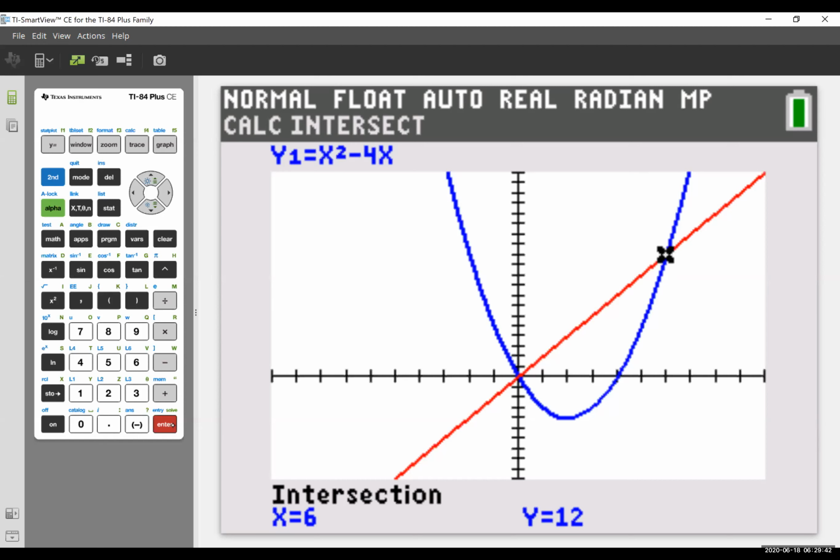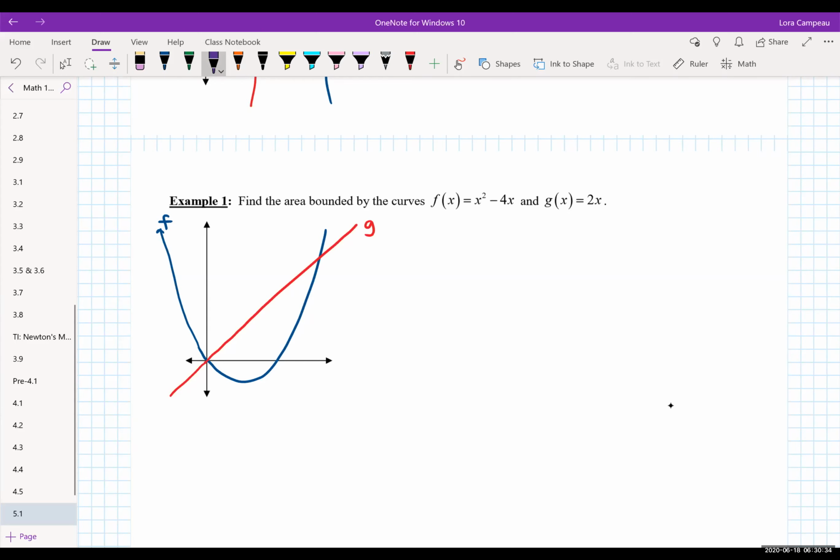So what we might be interested in, like I said earlier, are our points of intersection. Let's look at that. We already figured out 6, 12. I'm pretty sure that we're at 0, 0.